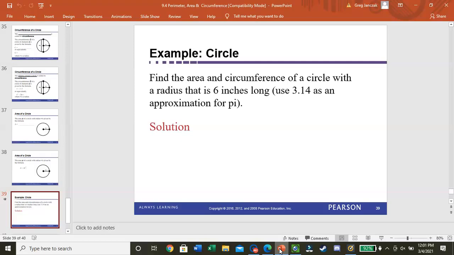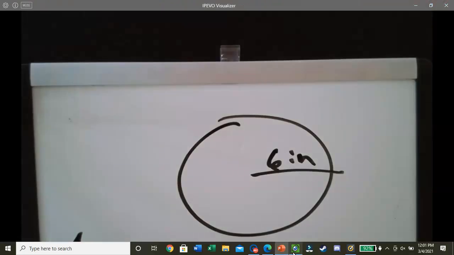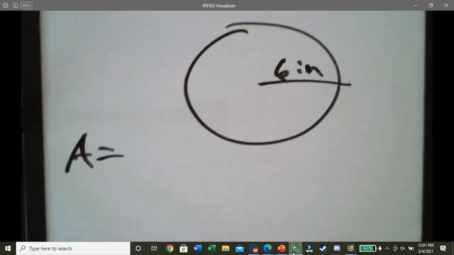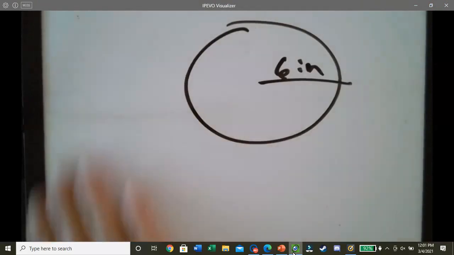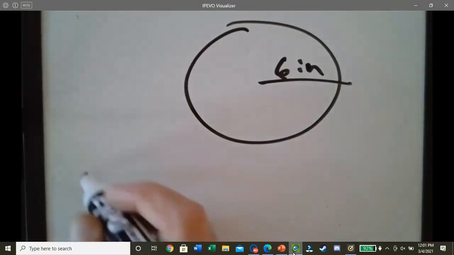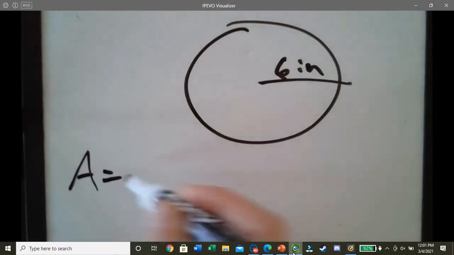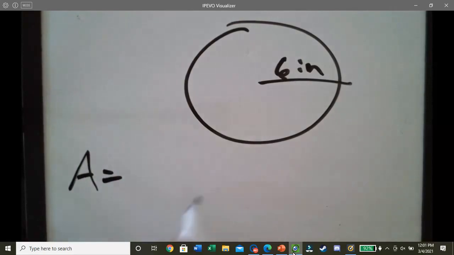Okay, so here's our circle, and the radius we said is 6. And we want to find area. Okay? All right, so what do we do? Area equals what? What do we put?